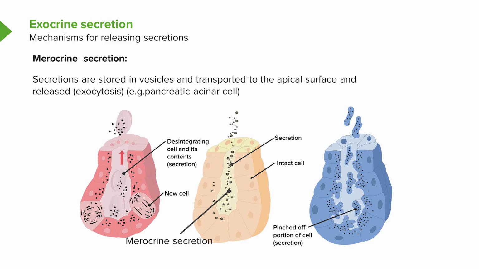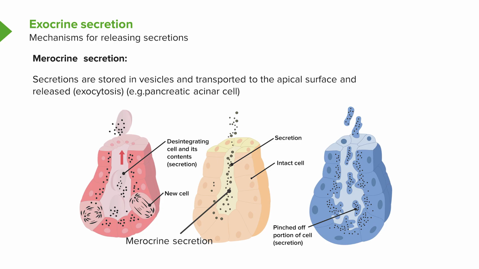This form of secretion, this mechanism of secretion, is probably the most common. The secretory cells make their products and they store their products within little membrane-bound granules at the apex of the cell.